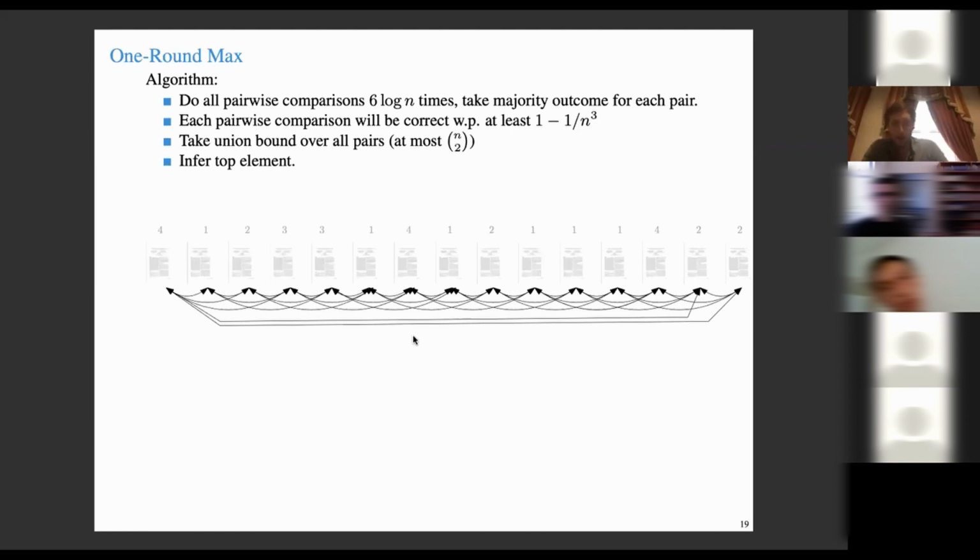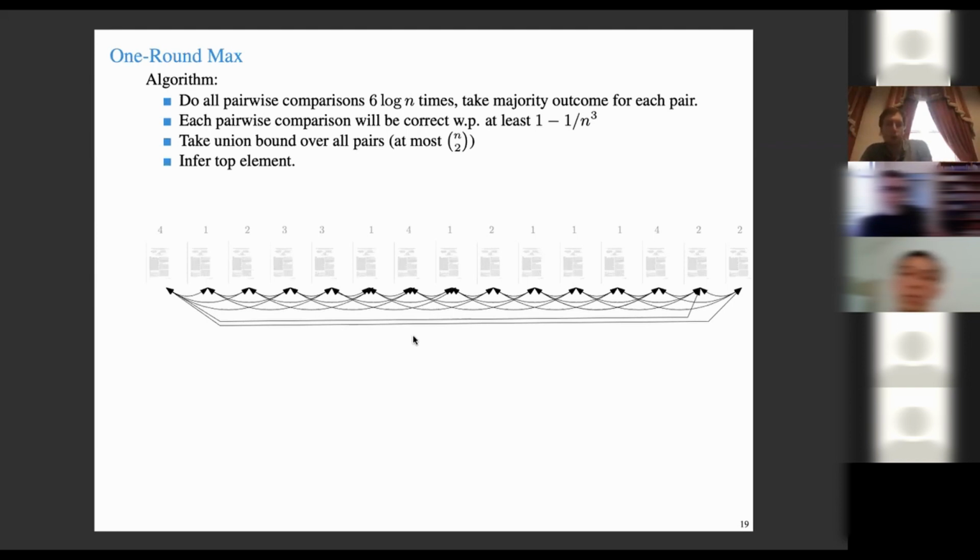You just look at all pairs of papers and compare them 6 log n times. And 6 log n times is enough for you to find out which one is better with high probability. Since there are only n squared pairs in total, just take a union bound over all of them, and voila, you actually know what your top paper is.